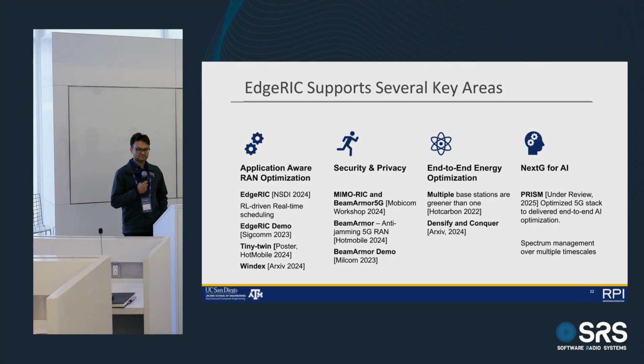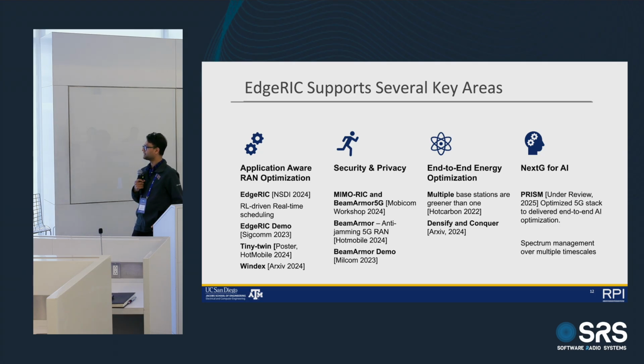Edge RIC is not just for a single RL application. That's where the work started from 2021 to 24 when it was first published. It was demonstrated with reinforcement learning based real-time scheduling. And then we have expanded this to multiple applications in security and privacy. Some of the work that we have done in MIMO RIC or BeamArmor, which provides interference-free multi-antenna beamforming system built on Edge RIC.